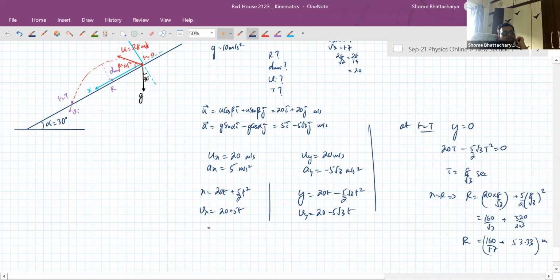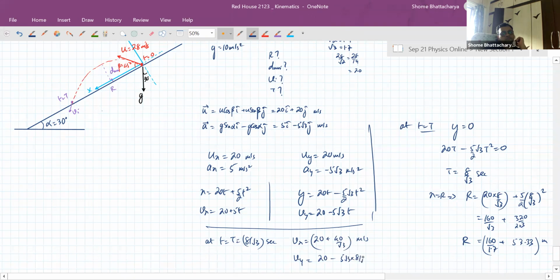Now the impact velocity. So the y component will be minus 20.